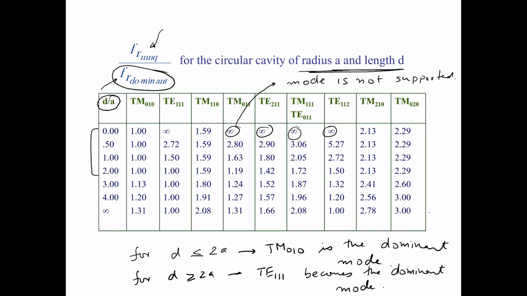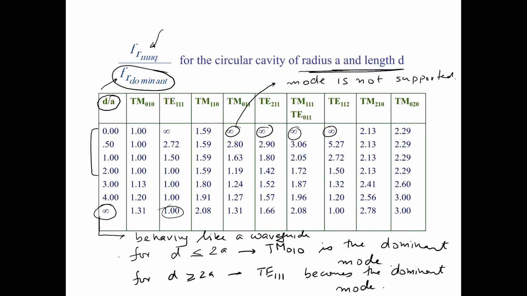If you look at the last section where you have infinity over here, if the length of my resonator cavity is infinity, this is basically behaving like a waveguide. And we have already seen that for circular waveguides, your TE11 mode is actually more dominant than the TM01 mode.